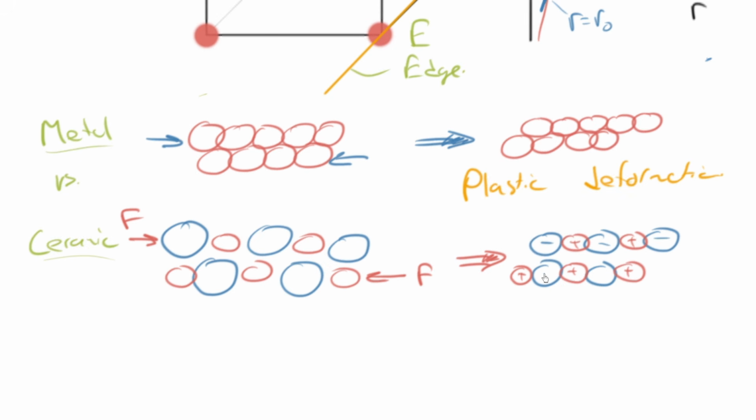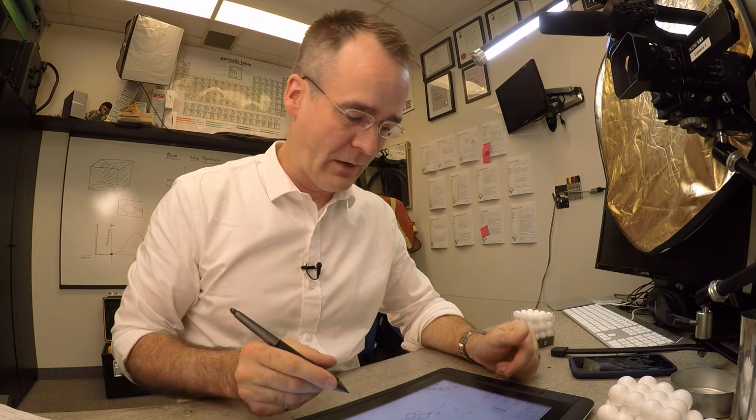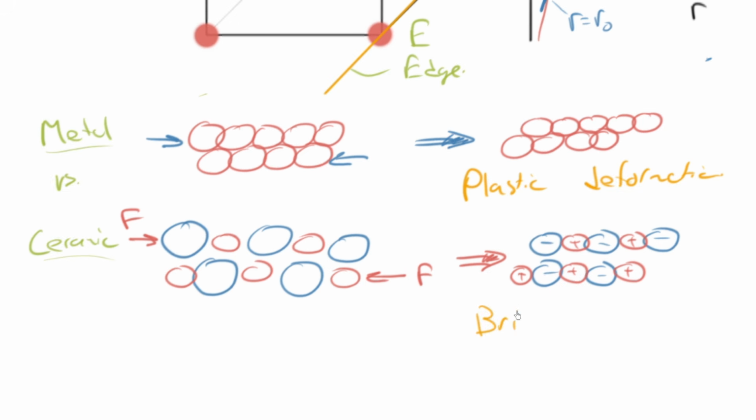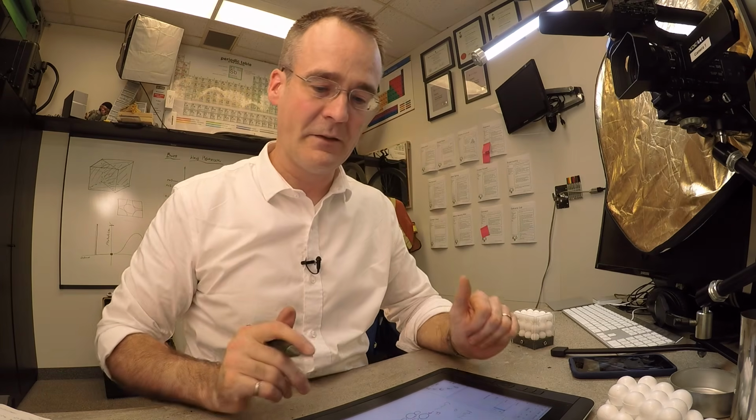And we'll cover the charge and the electron configuration, the type of bond, in more detail later. But they've got a charge, and we get this intermediate scenario where like charges come very close to each other. And so what happens? Instead of plastic deformation, you get brittle fracture because the charge repulsion prevents the planes from sliding nicely past each other.